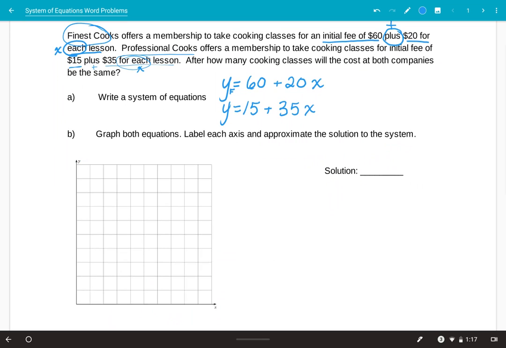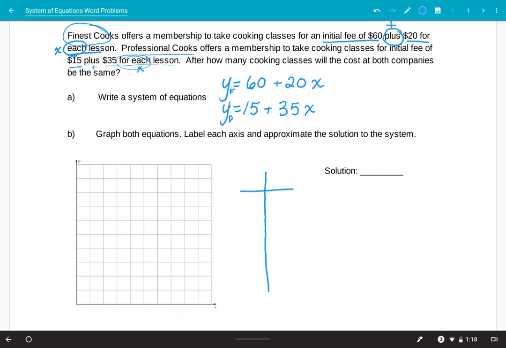So easiest one to do with this, we could graph it, but if you notice our X and Y graph is not out. We can't really go 35 up and 1 to the right. So what we're going to do is an X and Y table. Make it a little easier for us. Oh, and I want to put a P here for Professional Cooks. All right, so I'm going to do an X and Y table.